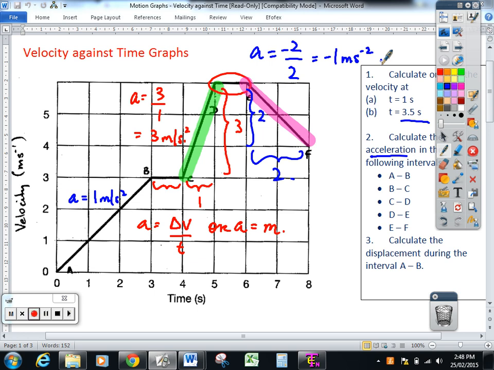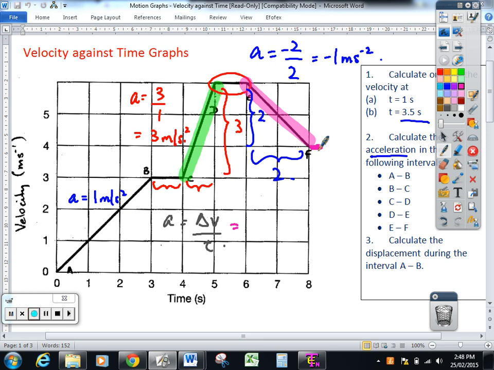Rather than do it by the gradient, let's also do it by the formula, because we need to be able to do it by the formula as well. Acceleration is change of velocity over time. That's our formula. Change is defined as final minus initial conditions. What's the final velocity? It's found here.